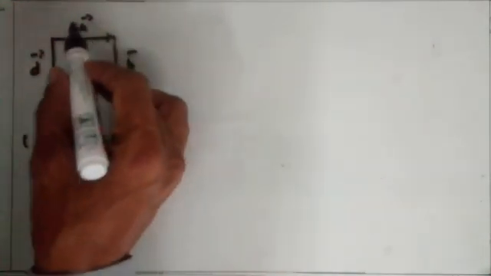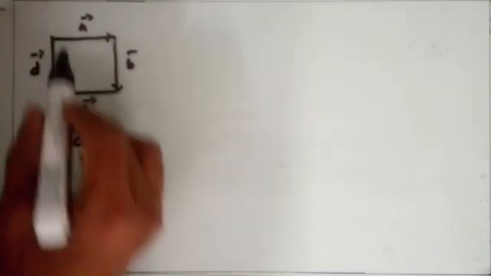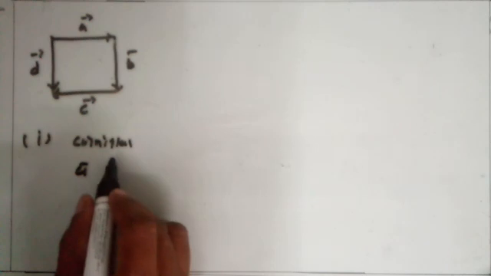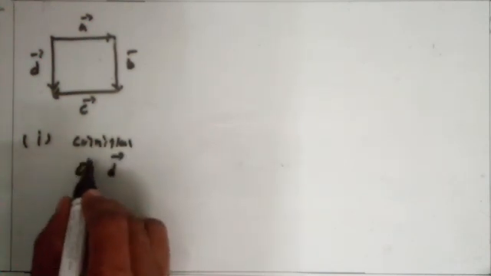Here vectors A and D have the same initial point, so vectors A and D are coinitial vectors.